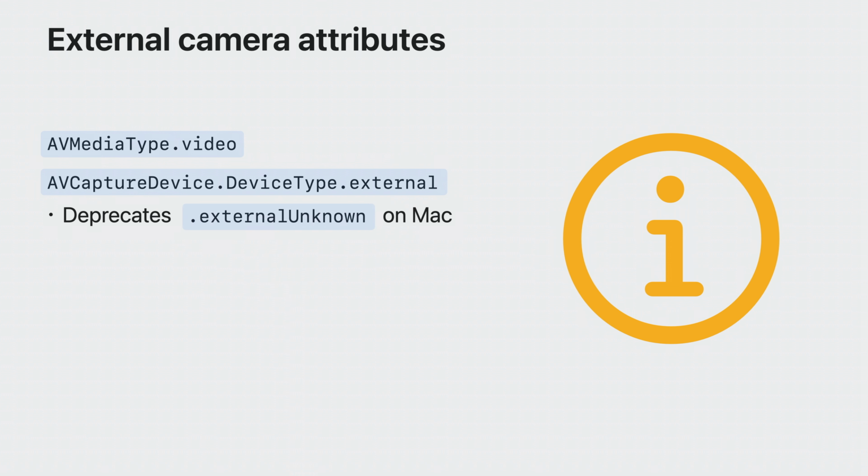External cameras provide video media data just like built-in cameras do, and their device type is external. For macOS app developers who are familiar with using external cameras, this deprecates the external unknown device type. Because external cameras can move independently from the iPad, their device position is unspecified. These three attributes can be used to find external cameras with the AV Capture API.